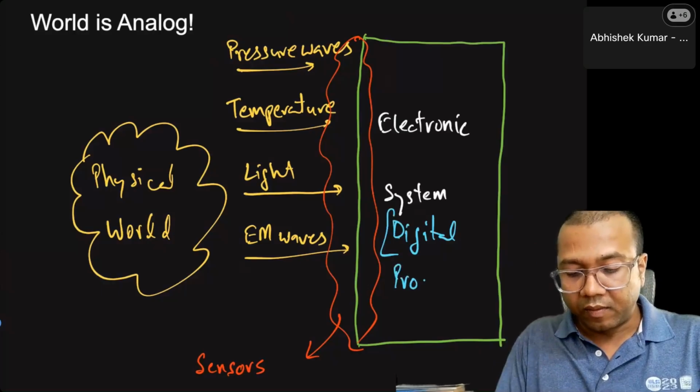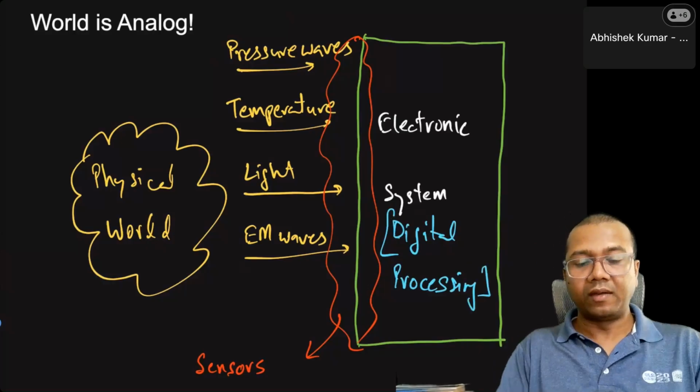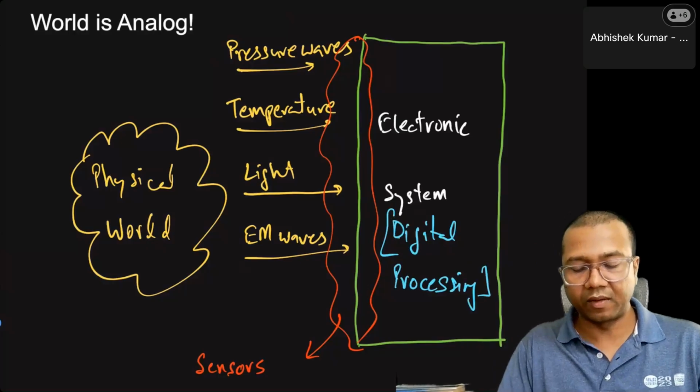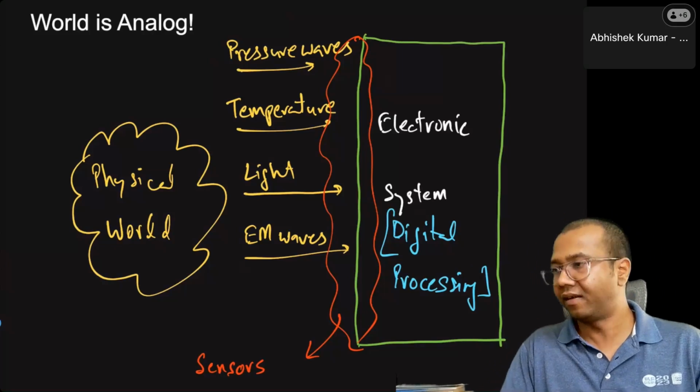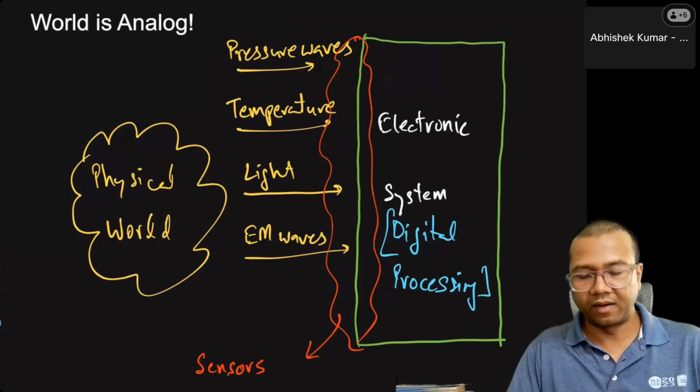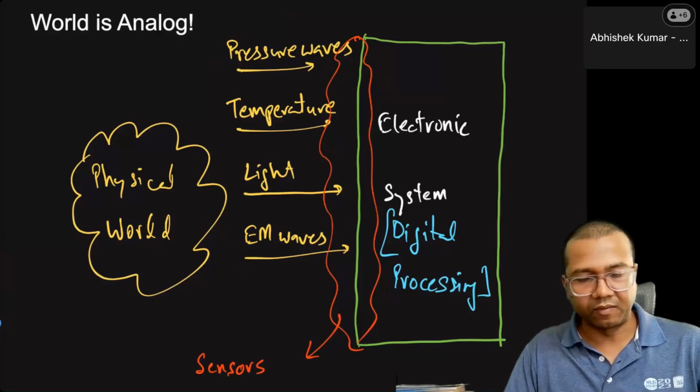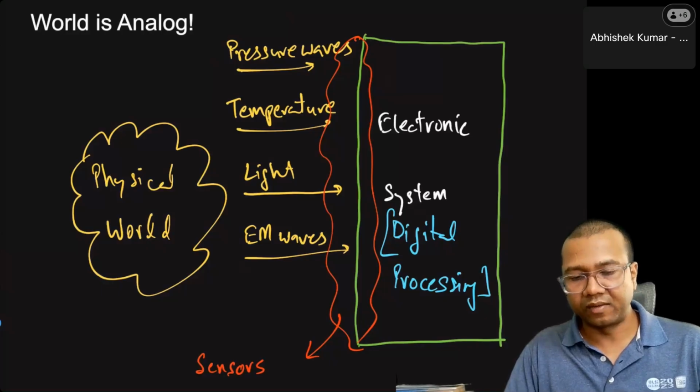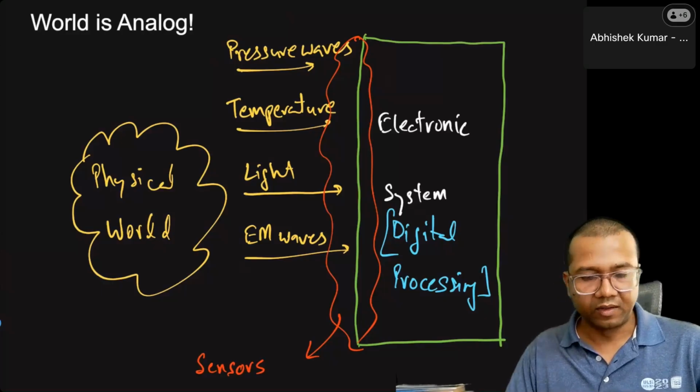Okay, so what we do is digital processing. The reason being because of the advancement of this IC design and VLSI technologies, the digital processing has become very cheap. Okay, it has become cheap and very efficient. So whenever you want to do any kind of processing, you want to somehow convert the signal into a digital domain and do this processing.